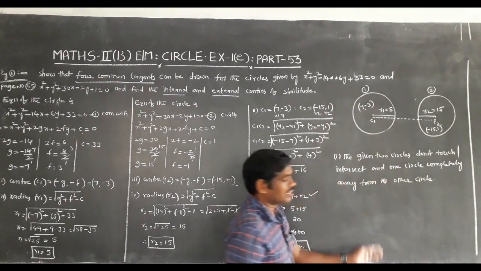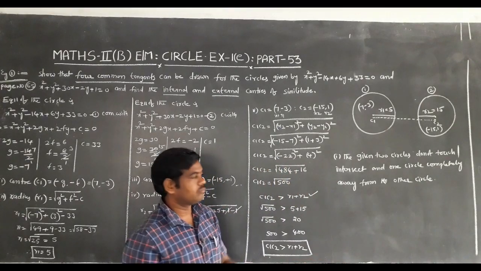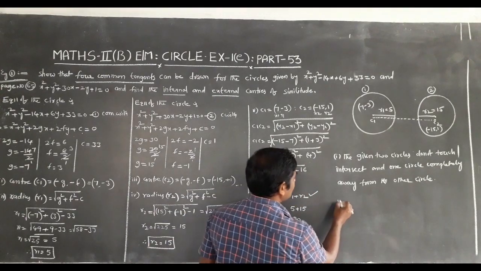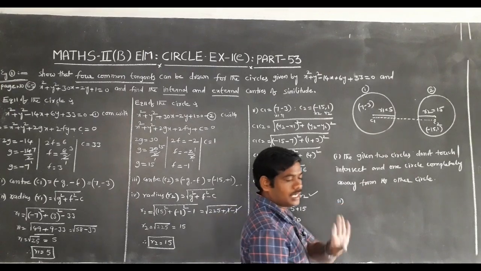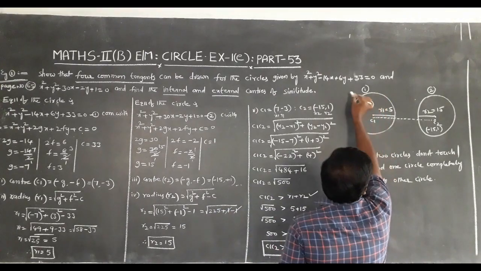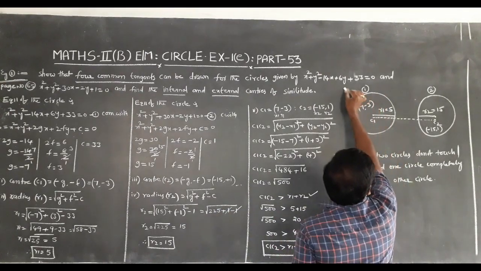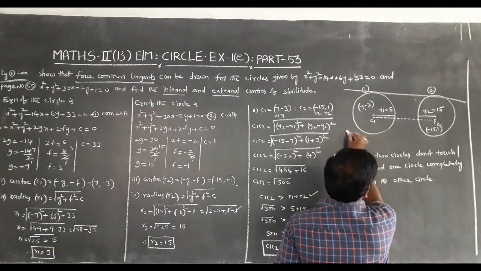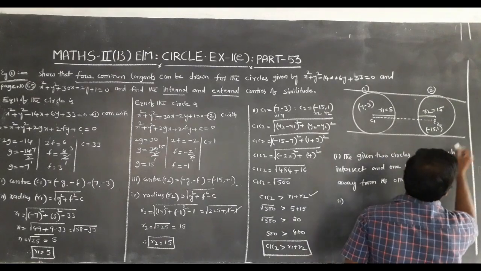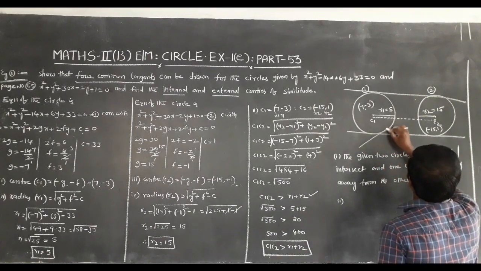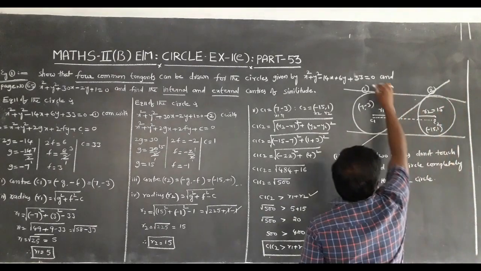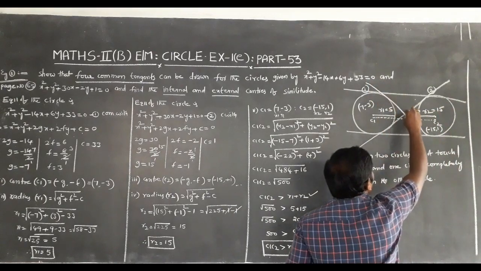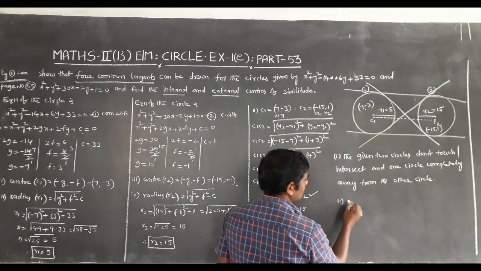This is the relative position of the two circles. In this case, the number of common tangents is 4. This is the first common tangent, this is the second common tangent, this is the third common tangent, and this is the fourth common tangent.